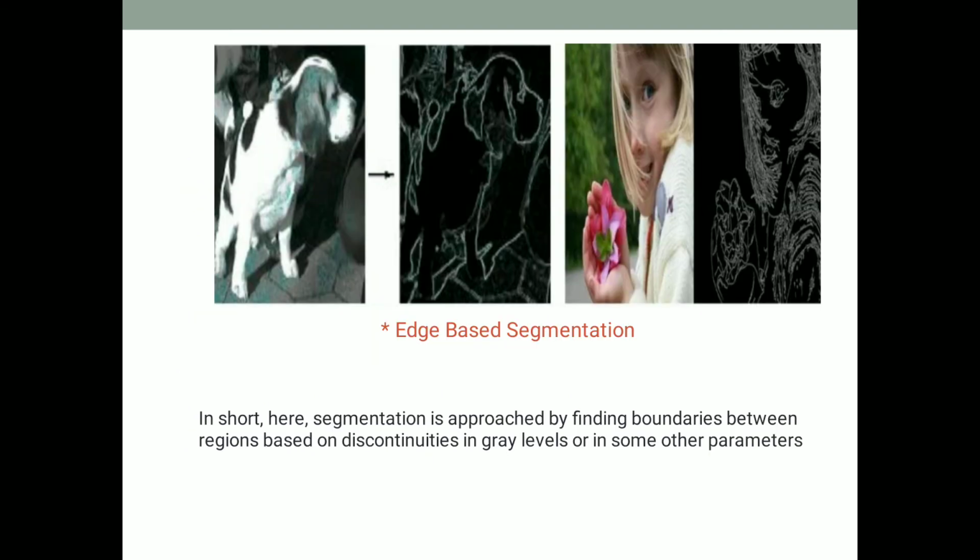Here we are taking one example image of a dog; after edge based segmentation the dog image will look like this. The next image is of a girl who is carrying a flower in her hand. After the edge based segmentation, the flower is clearly visible, but the face is not so clearly visible.